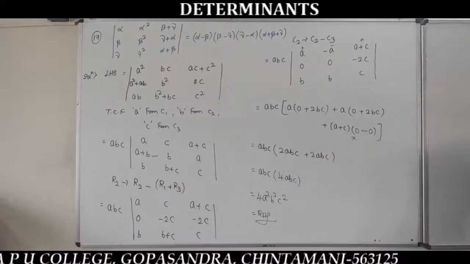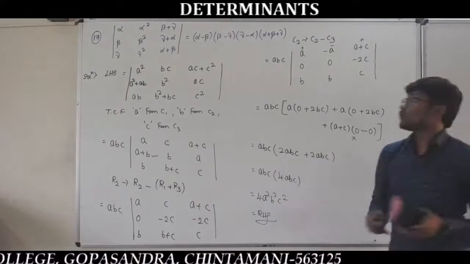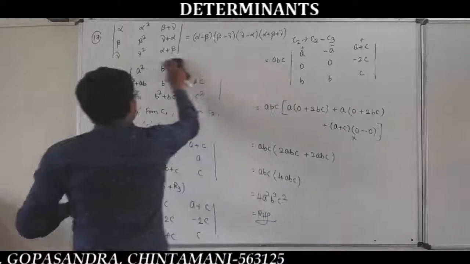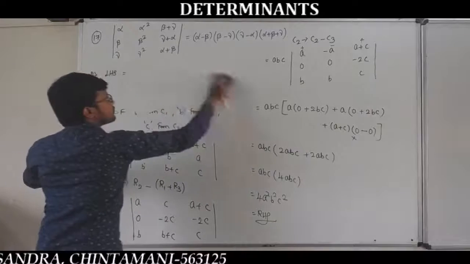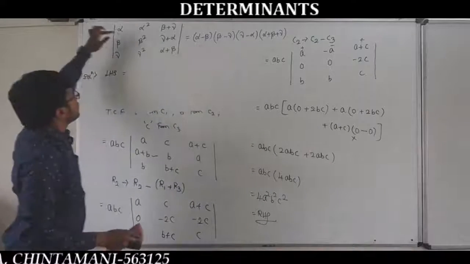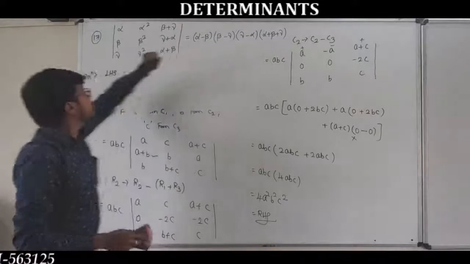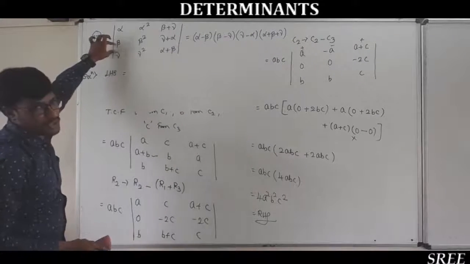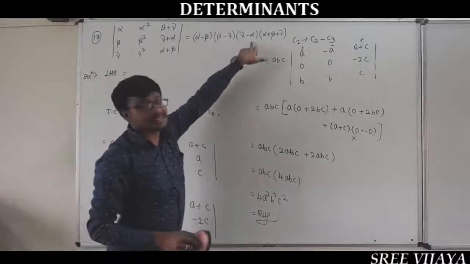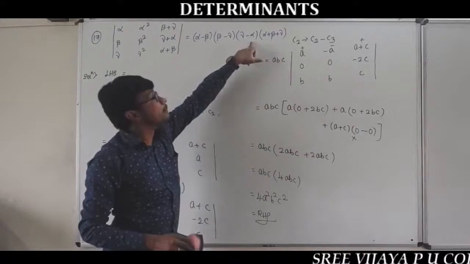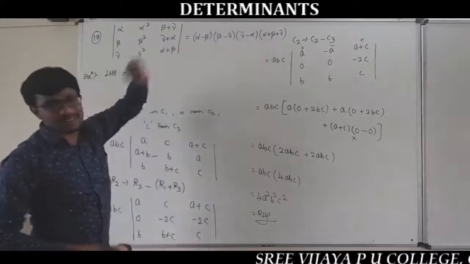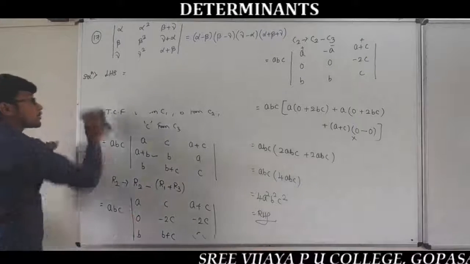So according to the previous properties, what we did. So for alpha minus beta, for this minus this subtraction. For beta minus gamma, this minus this subtraction. For gamma minus alpha also you can substitute, but you can apply. But for the 3 cross 3 determinant, how many operations you can use?